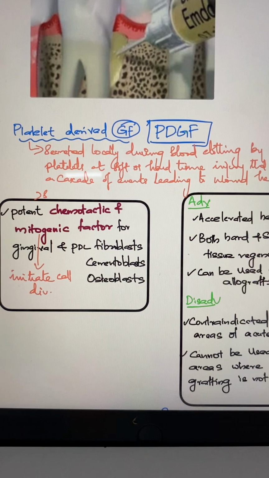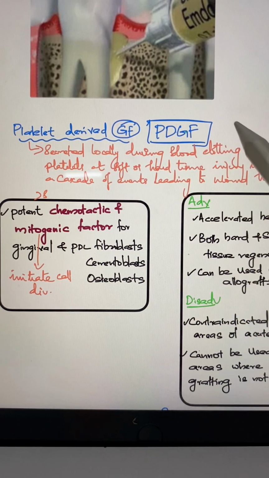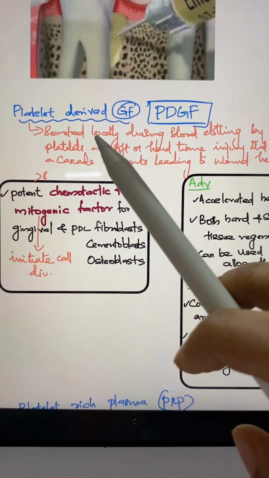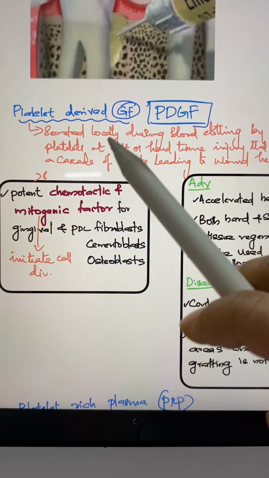The other type is the platelet derived growth factor, PDGF. It is secreted locally by the platelets during blood clotting.